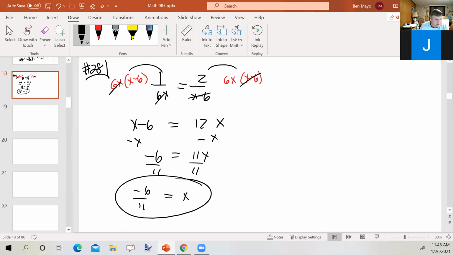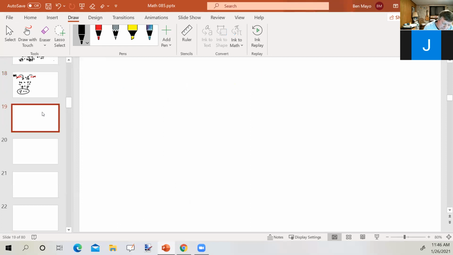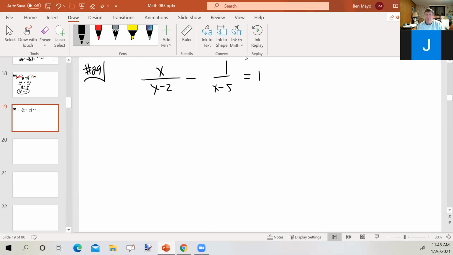And finally, number 29 coming up. And we have x over x minus 2 minus 1 over x minus 5 equals 1. The LCD is x minus 2 times x minus 5.